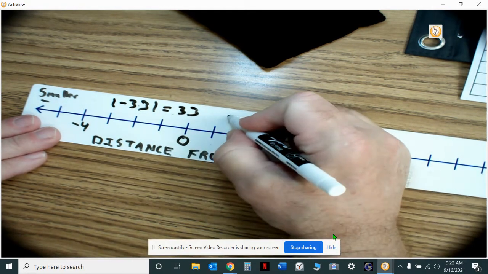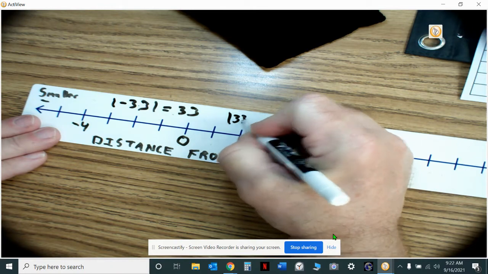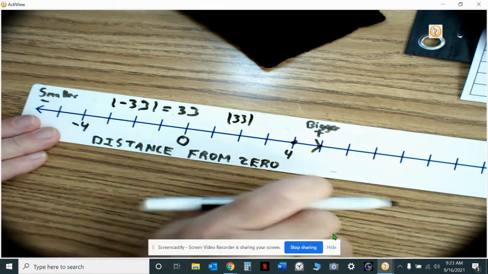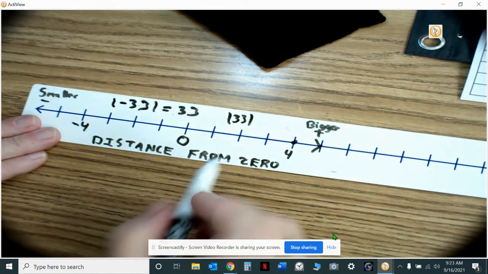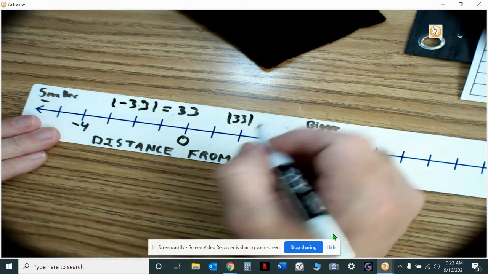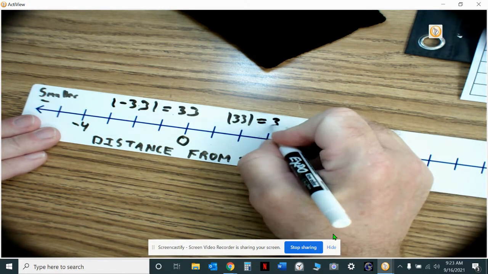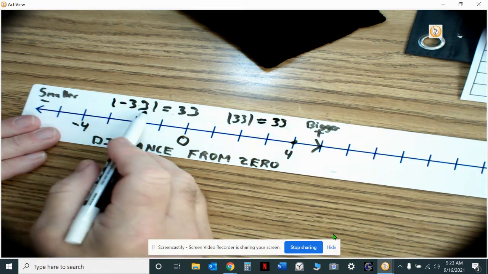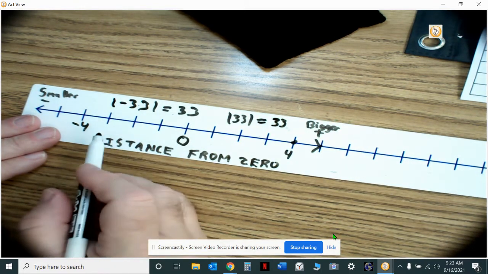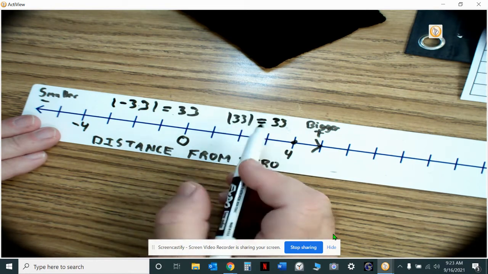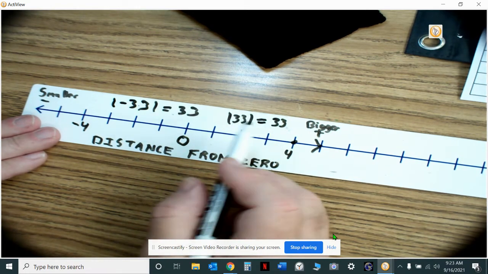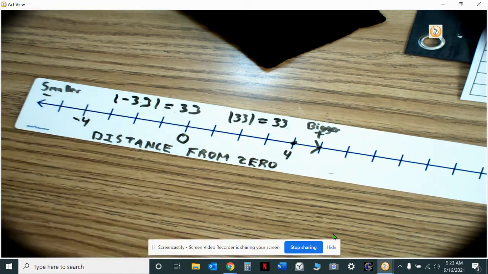The absolute value of positive 33 would be way to the right of 0, but it's also 33 units away from 0. It's distance from 0, so it's always positive. So the absolute value of negative 33 is 33, and the absolute value of positive 33 is also 33. It's just distance from 0.